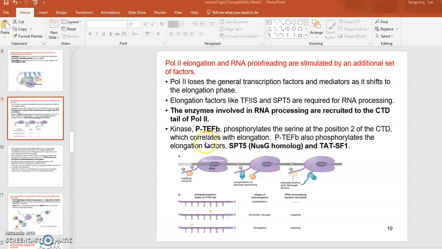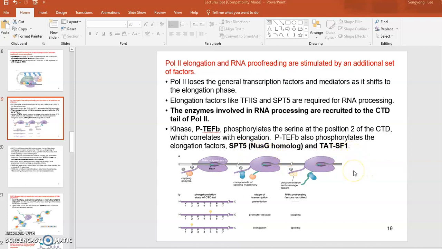That's what it means. The kinase, especially the TFIIH, can phosphorylate the serine at the position number 2. Okay, so it's this one here. Which correlates with the elongation. Okay, and then TEFB also phosphorylates elongation factor SPT5. That's a NOS-G homolog protein, and the TATSF1.